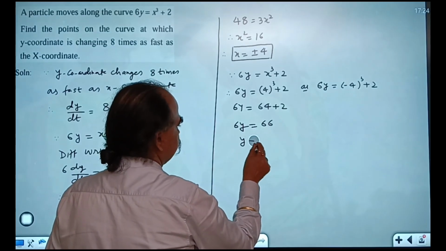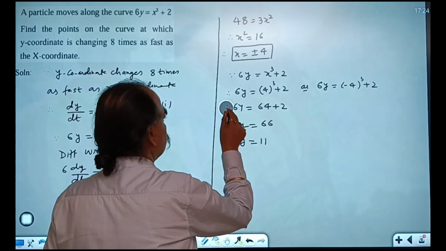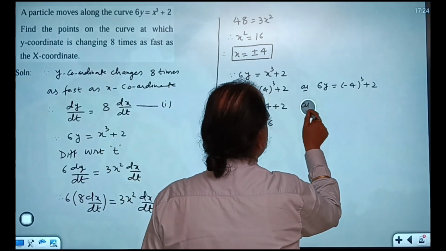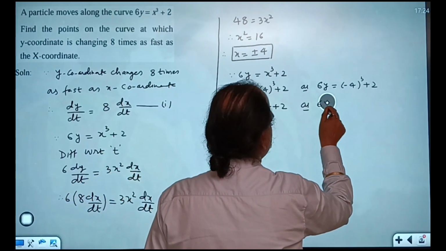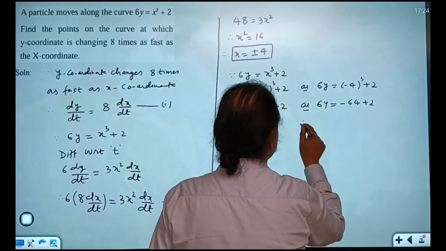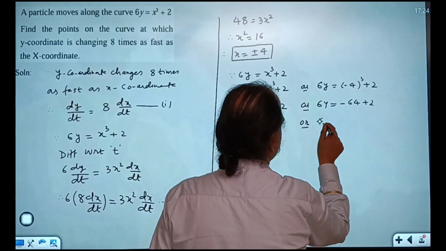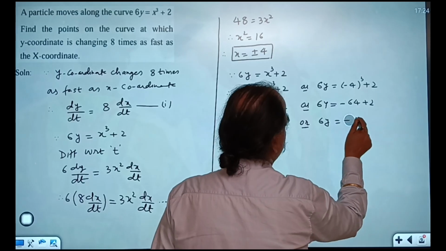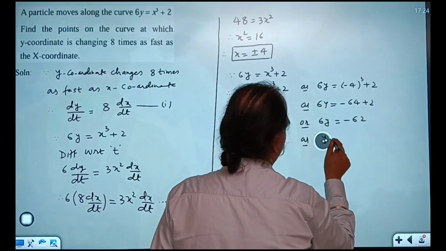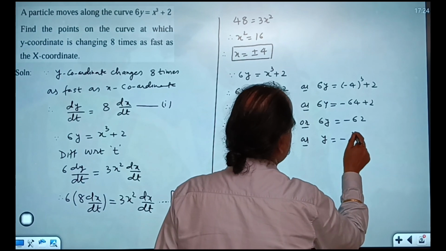So y is 11. Or 6y is equal to minus 64 plus 2, minus 62. y is minus 31 upon 3.